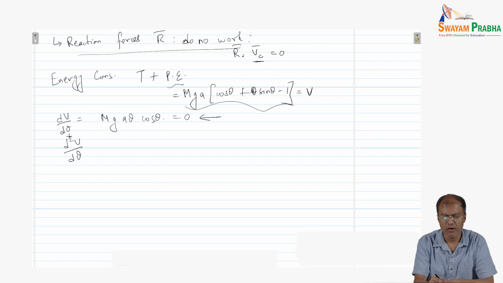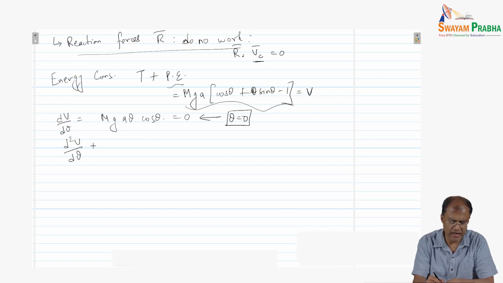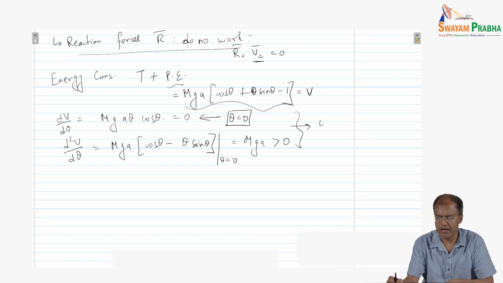From the first statement we see that theta equal to 0 is one possible solution, right? And the second derivative is mGA cos theta minus theta sin theta. When we plug theta equal to 0, we see that this is mGA, which is greater than 0. So we see from these two statements that theta equal to 0 is the minimum, okay? So what we have found is that theta equal to 0 is where the potential energy attains the minima.